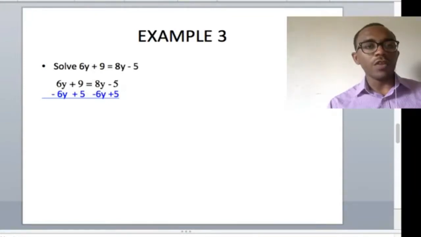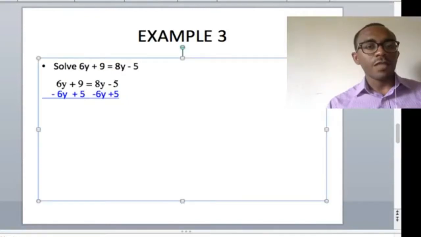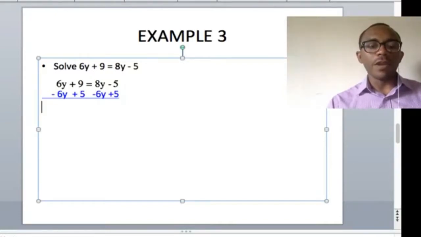We need to do all the calculation. Adding all of these, this will be cancelled. So all these variables will be removed. So now I'm going to have 14 equal to 2y.